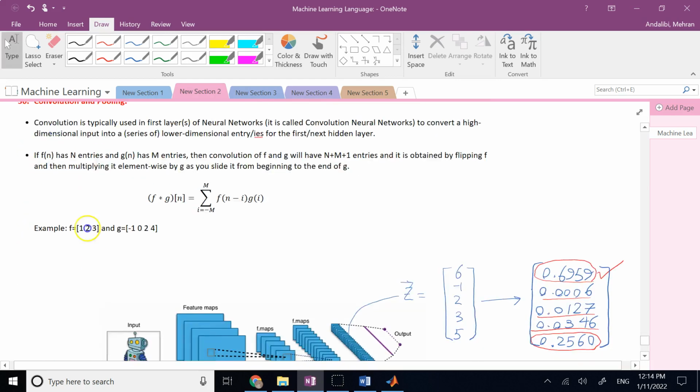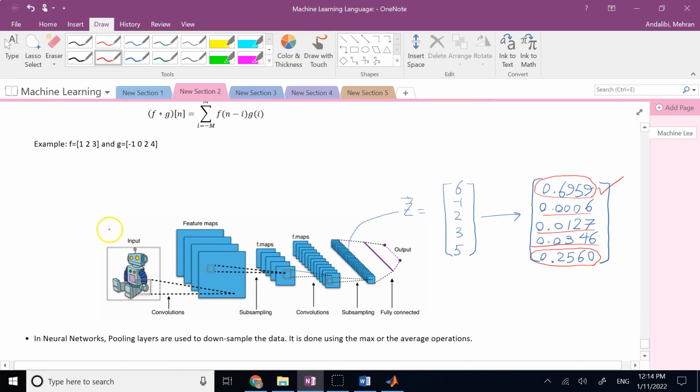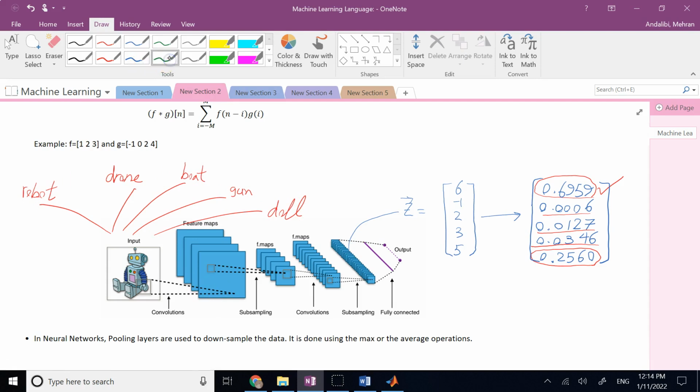If you have this picture with 5 classes, right? So as I told you, let's say I have 5 classes, a robot, let's say a drone, a boat, a plastic gun, and some doll, right? Instead of doing it this way, you do it 2 at a time.